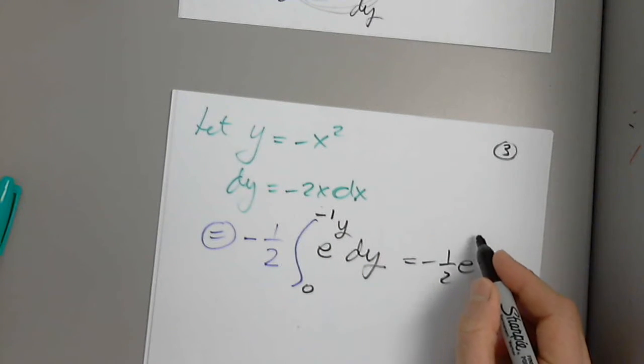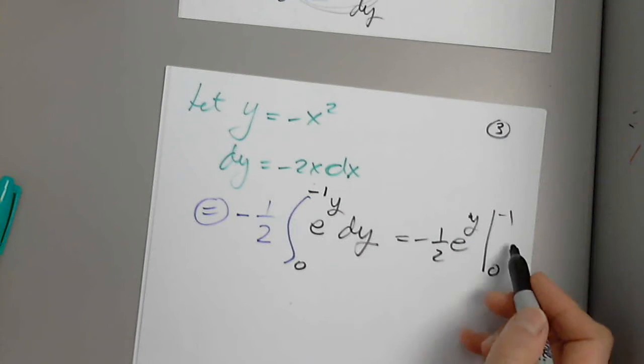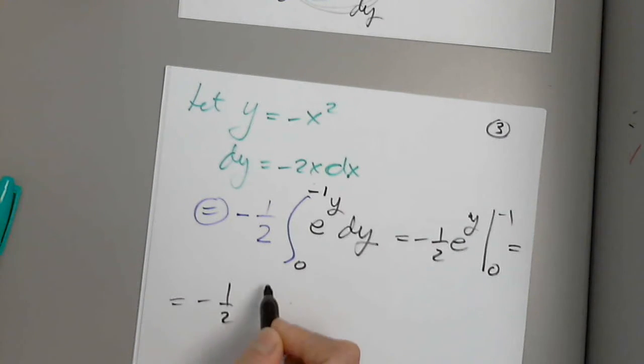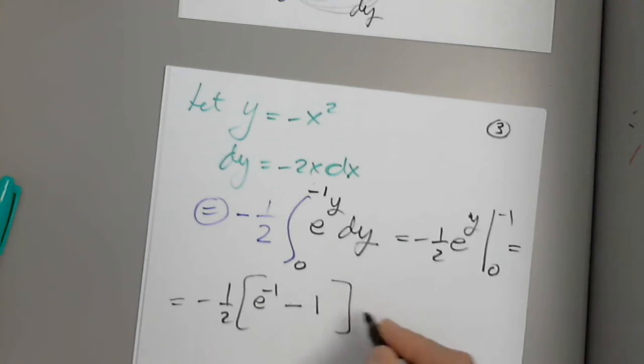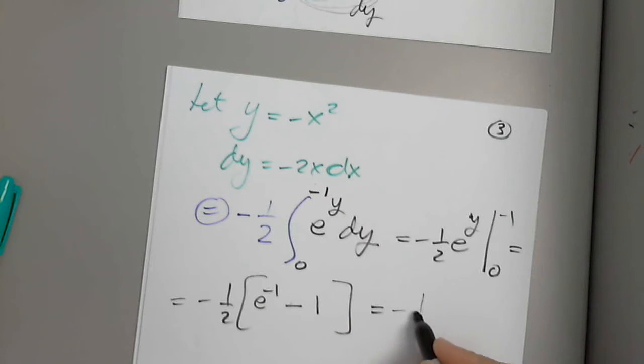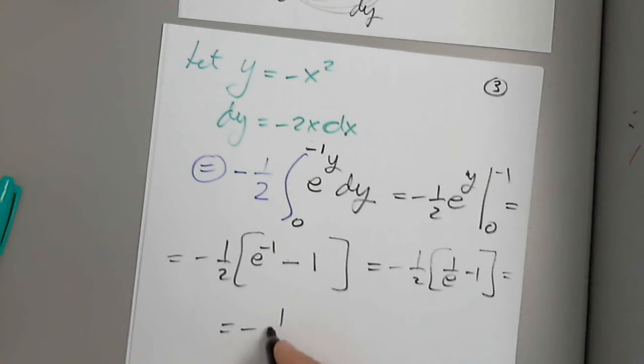E to y, of course, from 0 to -1. -1/2 stays outside. We plug in -1, e to -1, and we subtract when we plug in 0. But how much is e to 0? Excellent. So this will be -1/2 in parentheses 1 over e minus 1. You can distribute -1/2: -1 over 2e plus 1/2.